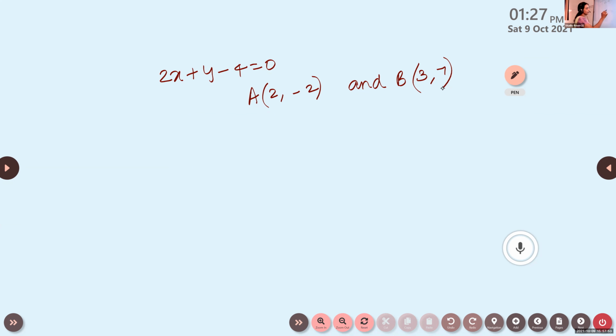So here we are given the points. A is the point (2, minus 2) and B is the point (3, 7).